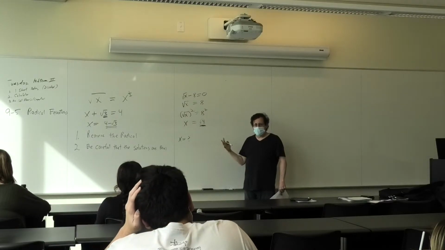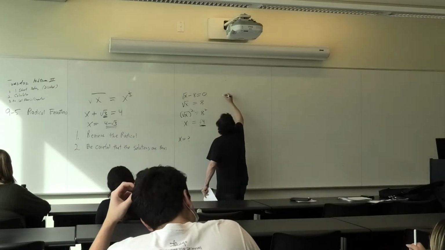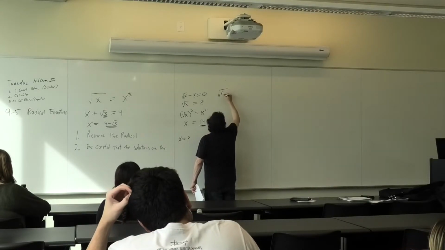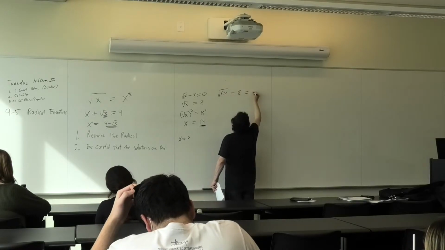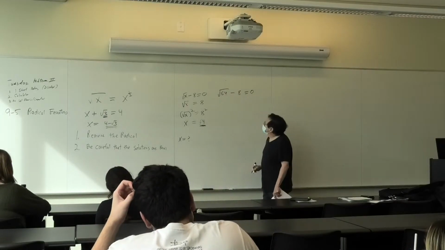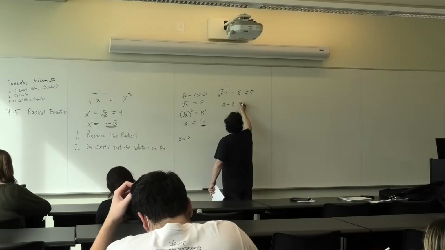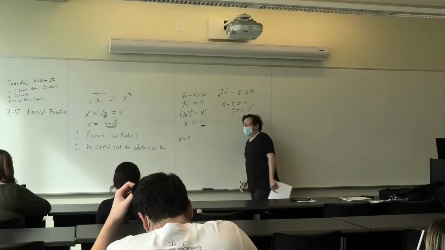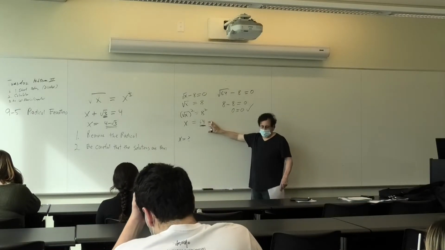We have to plug it back in and see if it actually works. So we take a look: square root of 64 minus 8 is supposed to equal 0. Square root of 64 is 8, minus 8 equals 0, 0 equals 0. Good, it's a true statement. So now we know it actually is a solution.